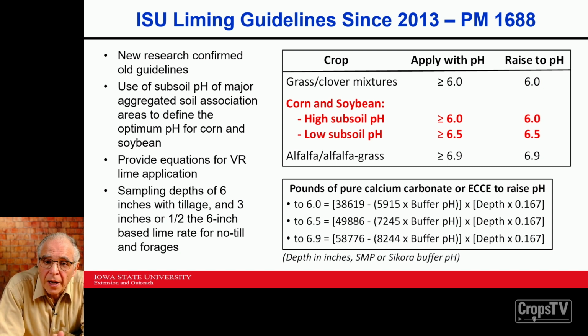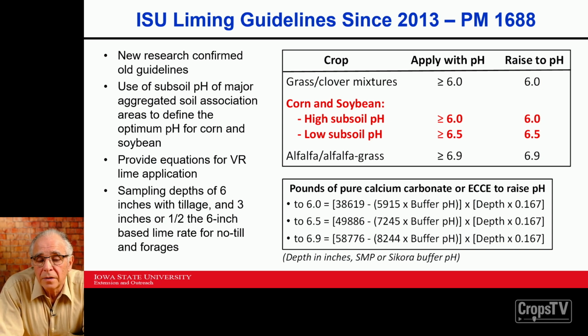And we suggest applying lime to raise pH to 6 or 6.5. The difference with the old recommendation is that even though the optimum pH for these two areas was 6 and 6.5, they still recommended applying lime to increase pH to 6.5 with high subsoil pH. And we believe that didn't make sense at all, okay?